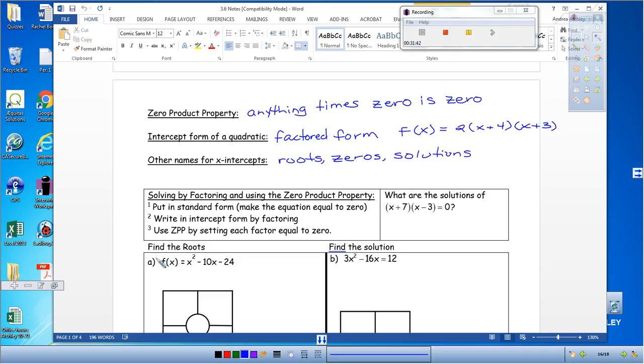Those are all the same thing: find the x-intercepts, where it crosses the x-axis. It all means to solve. Solve this quadratic equation. Any questions over that?